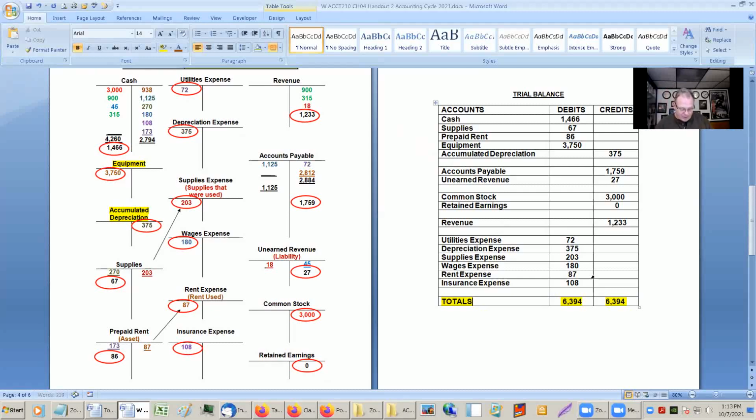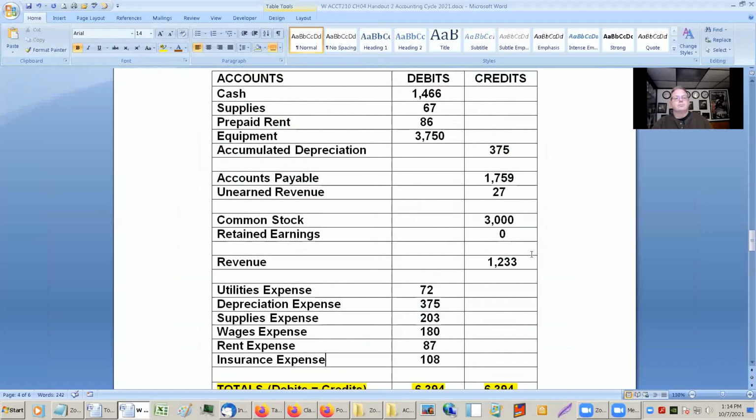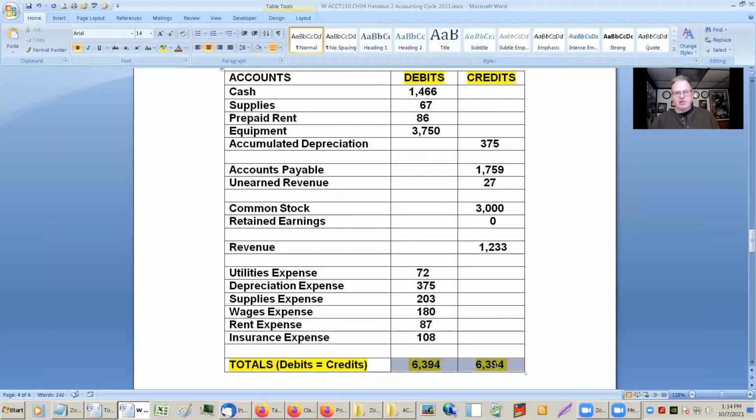And again, this is just debits equal credits. And again, these numbers are just the totals. These will not appear on the financial statements.